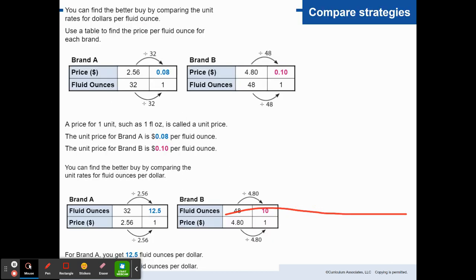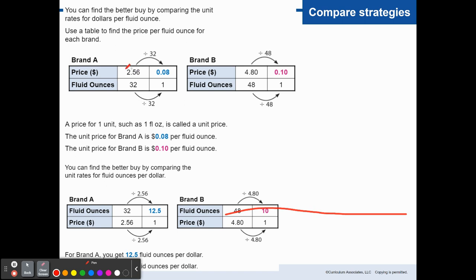Okay. So for this one, the very first one they did, they found dollars per ounce.